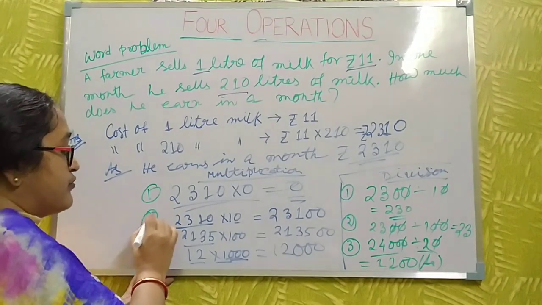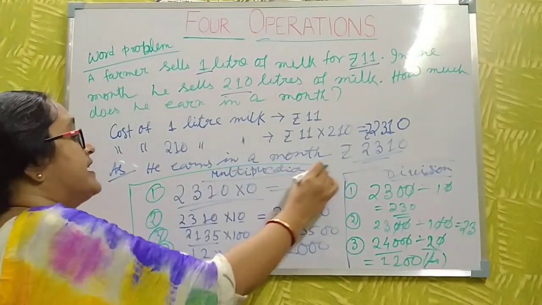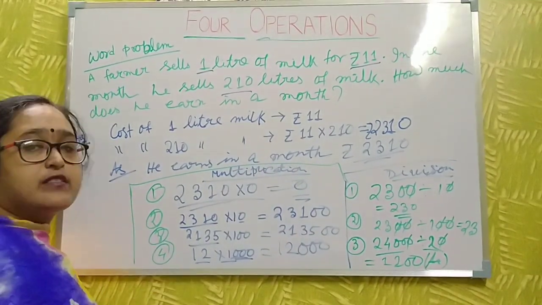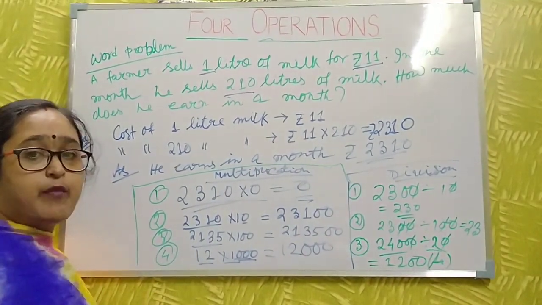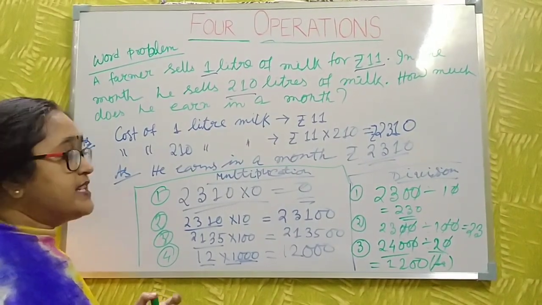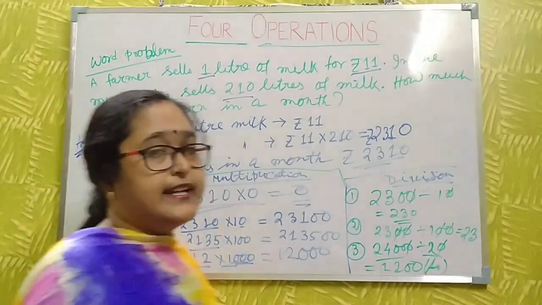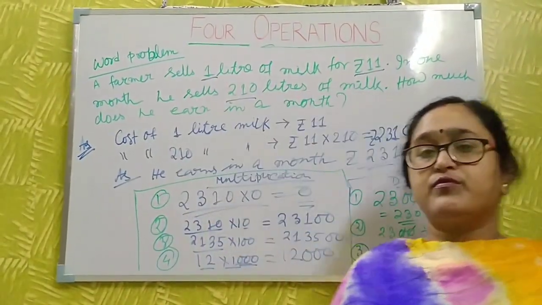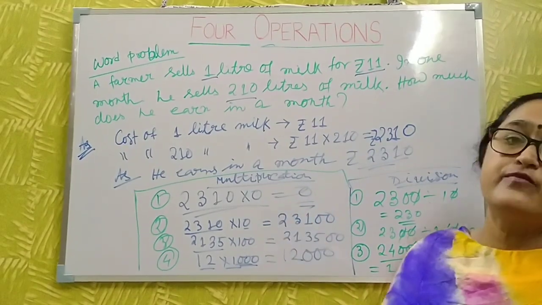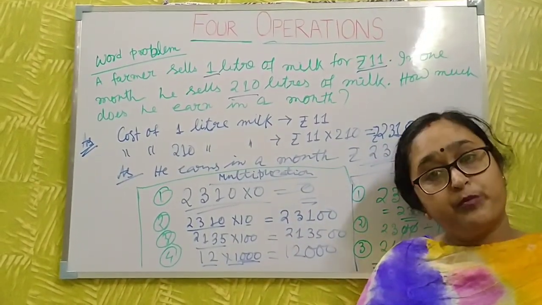Just you remember a few things. The maths is very easy. If you remember these things, the maths is very easy. Before going to the next part of the video, please pause the video and write down all these things and collect the sums depending on these four operations and do them in your home, in your copy.